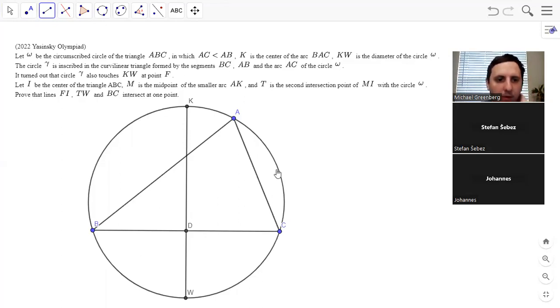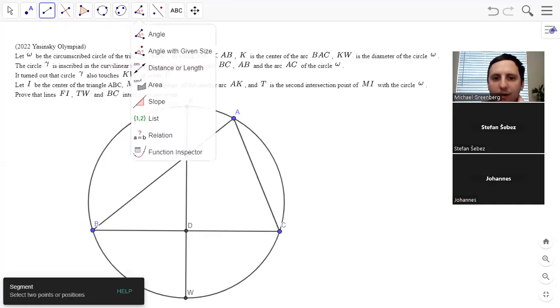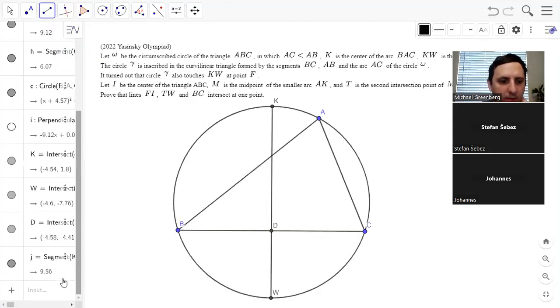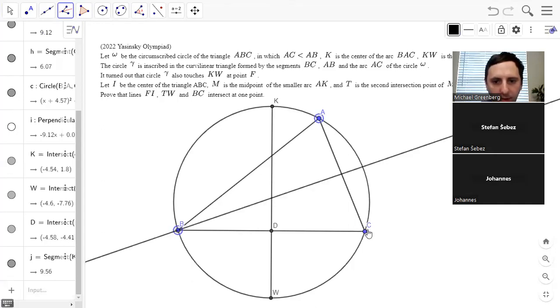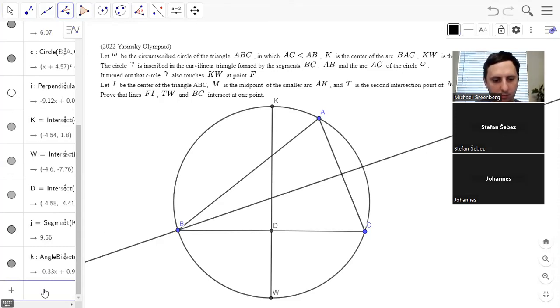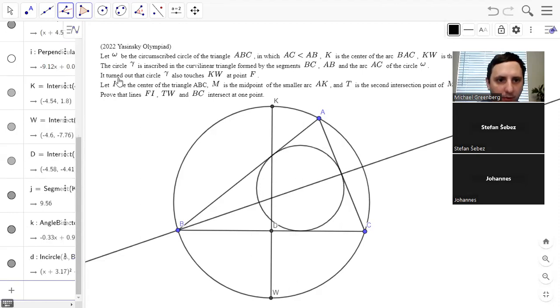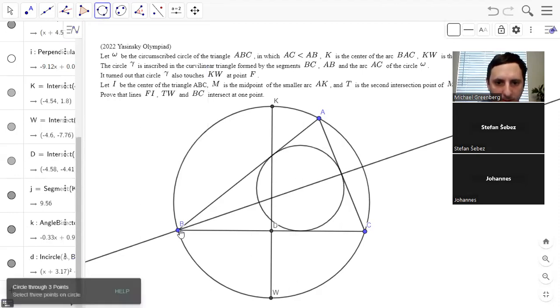So let me think how I want to do that. That is just the mixtilinear circle. Yeah, it's the mixtilinear circle. Usually I like doing it like this. So I'll draw the angle bisector here, and then I'll draw the incircle, and then I will draw this circle. It's kind of how I cheat.